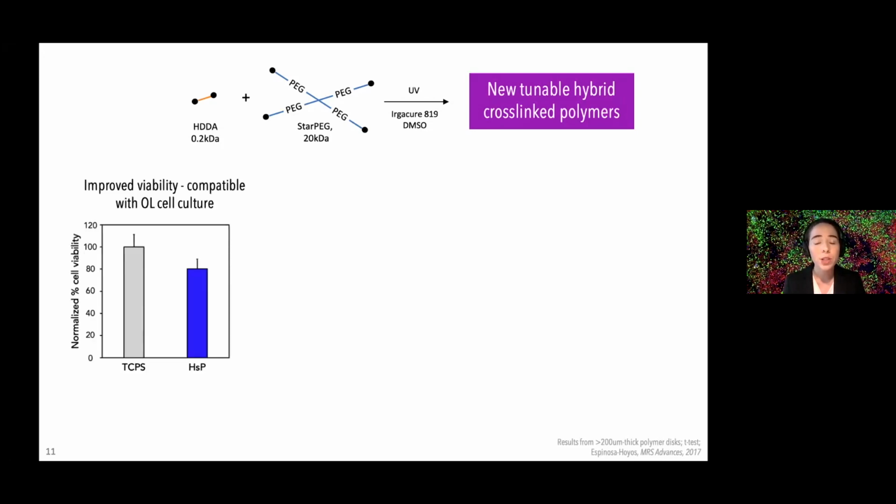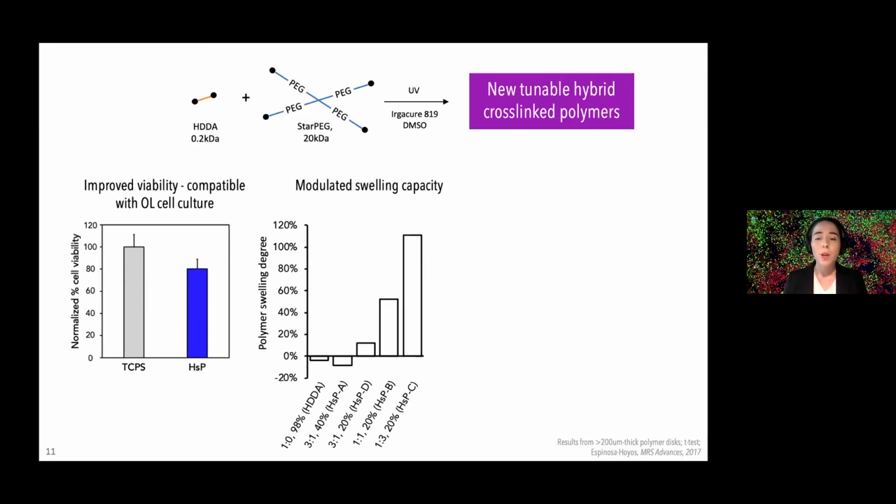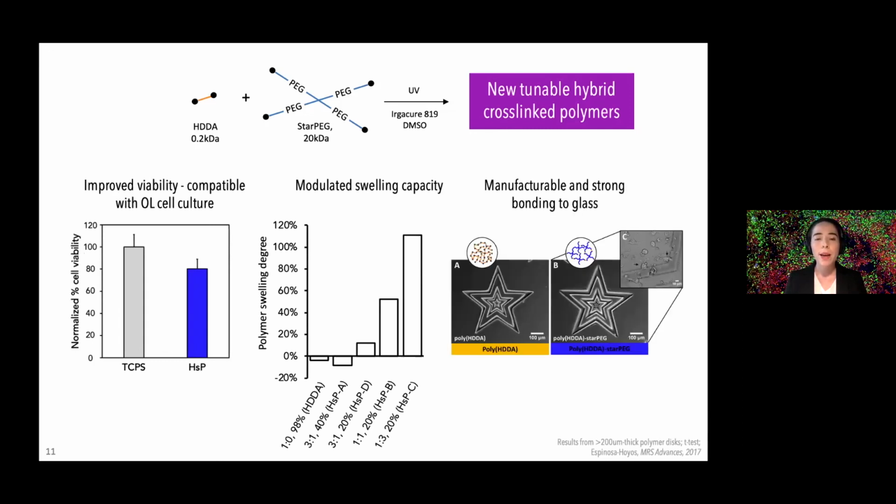This hybrid hydrogel offers oligodendrocyte cell viability, or biocompatibility, comparable to that of plastic, which is standard, and it's significantly improved over the virtually zero viability that we found HDDA had. The swelling capacity of the material can be modulated, and it can also be 3D printed with comparable resolution and speed as HDDA using projection microstereolithography.